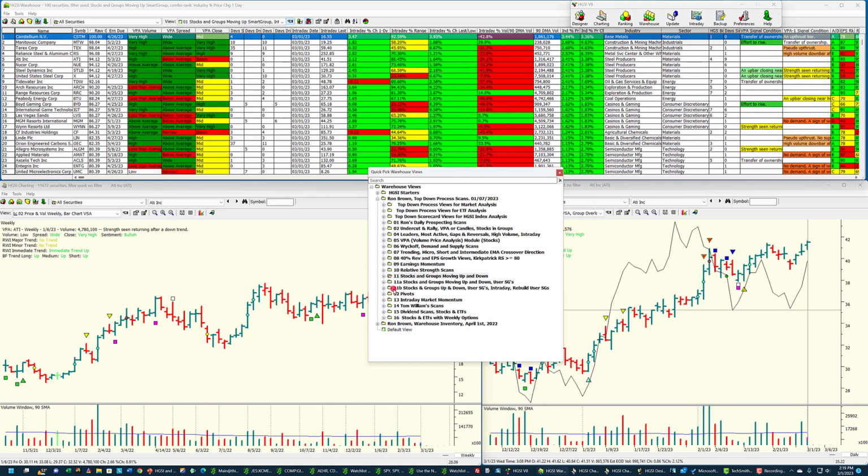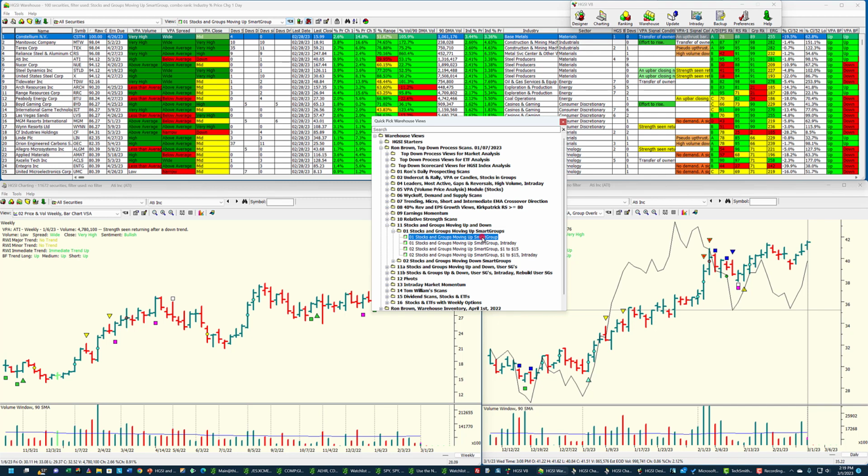The first group, and it's number 11 in my files, goes directly to the Woodward and Brown Stocks and Groups Moving Up Smart Group, which is updated nightly. And it's a little different than these other two, and I'll point that out to you, but these are the groups that we've been using for years for prospecting.